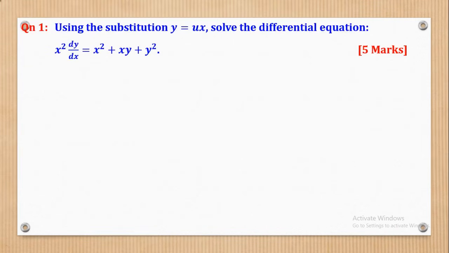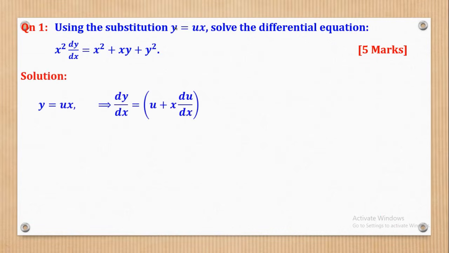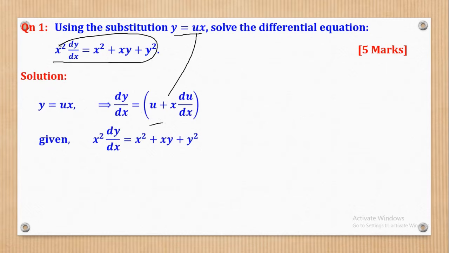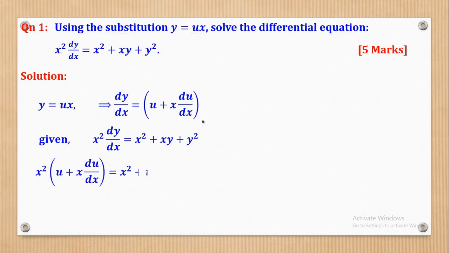Question 1 says, using the substitution y equal to ux, solve the differential equation this. First of all, you are going to differentiate this y here to come up with this, as we have already seen. Then next is to substitute in the given differential equation. This is what was given, so I'm going to substitute for y and for dy/dx. When I do that, I'll come up with this.